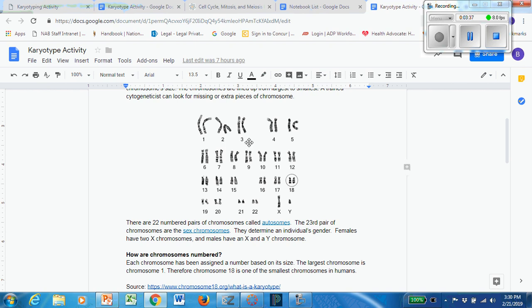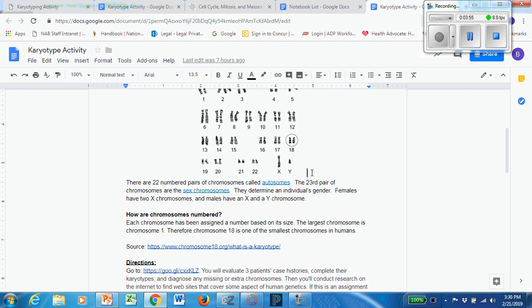This is a normal karyotype that shows a male because it's XY with the correct number of chromosomes. Doctors can look at this and diagnose an individual with any chromosomal abnormalities.